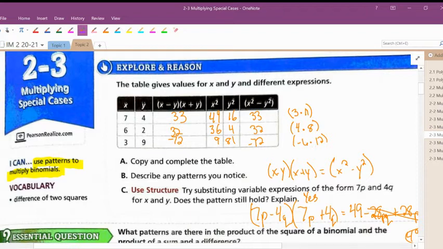And the last one, 3 minus 9 is negative 6. And 3 plus 9 is 12. We multiply out, we get negative 72. Then if we just do the x squared and the y squared, we have 7 squared, 4 squared, 6 squared, 2 squared, 3 squared, 9 squared.